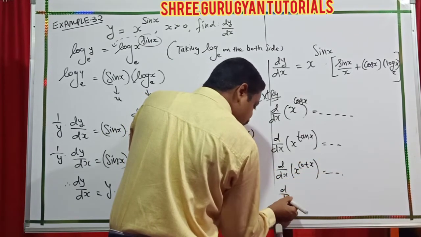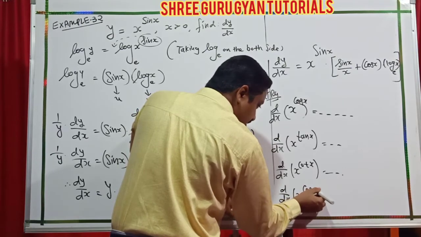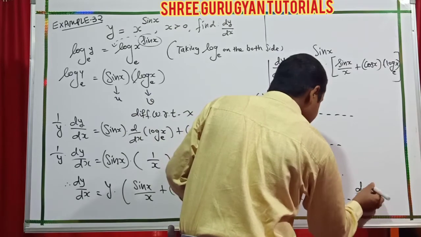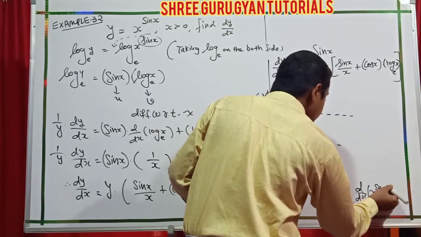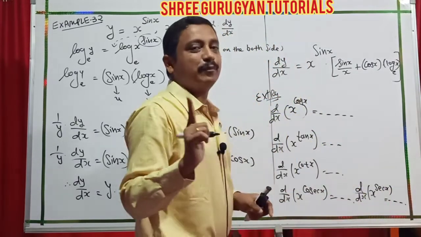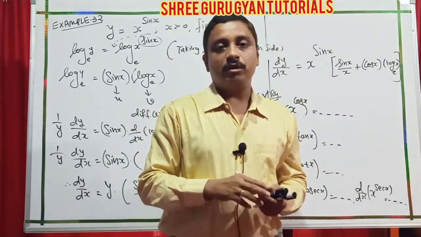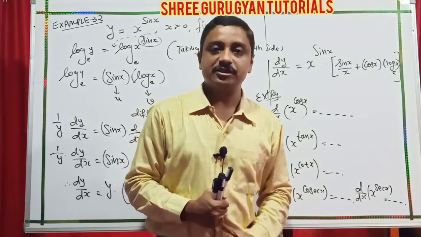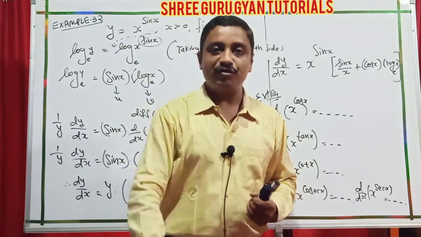All trigonometric functions of that type, you just derive. And the last one, ddx of x raised to sec x. Only one example is given in your book, but you should do more practice on different types of questions and build up your confidence.